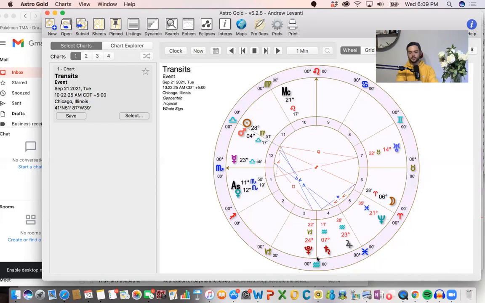Saturn is looking at this Mars by trine, and so there's not a whole lot of tension or conflict per se, but Mars is bringing an intemperate heat to Saturn that might rub Saturn the wrong way, or the structure that Saturn provides is going to be weakened or at least aggravated by this Mars.